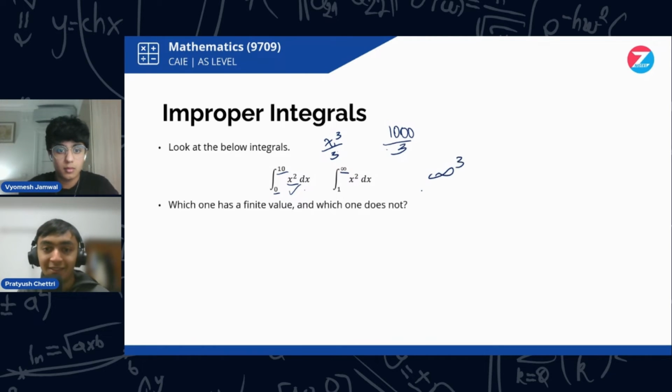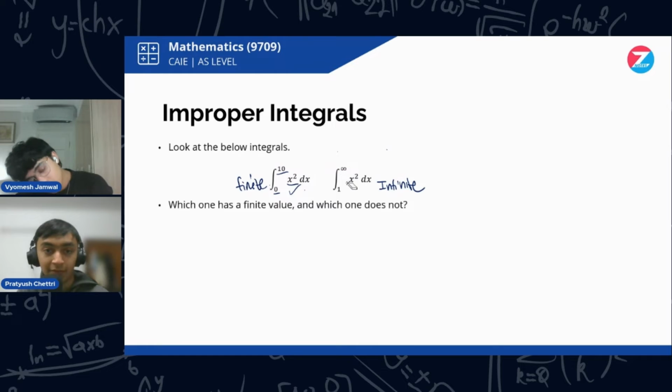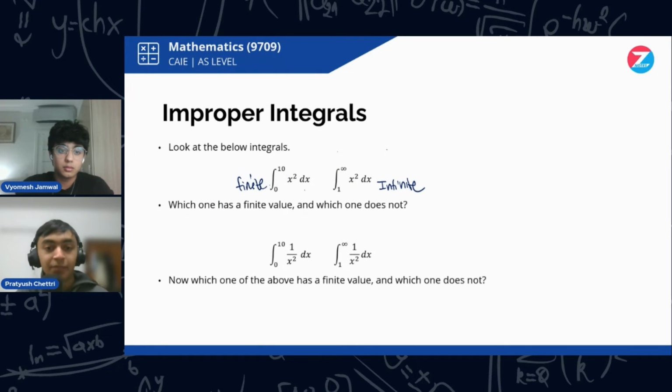What even is this? That's not finite, is it? So this is infinite. This is finite. Cool. Very basic idea. You don't need to know much about infinity to judge that. So now let's look at another case. Which one of these has a finite value and which one does not?